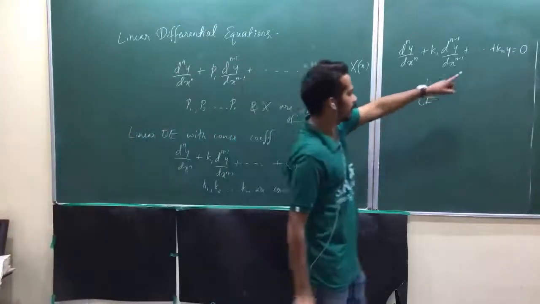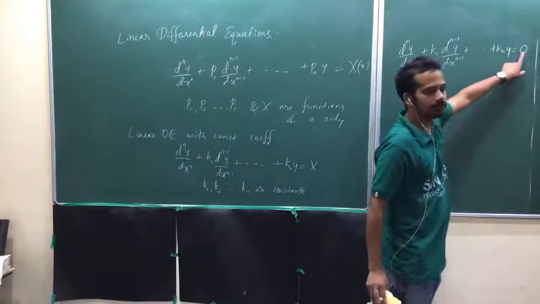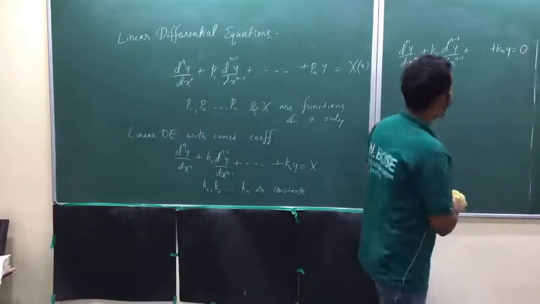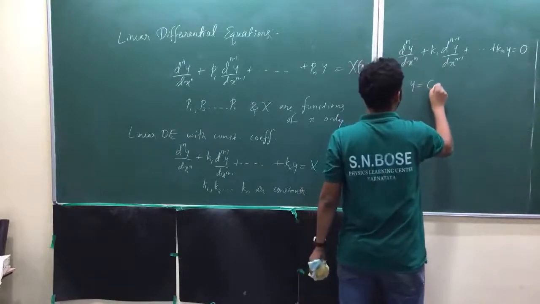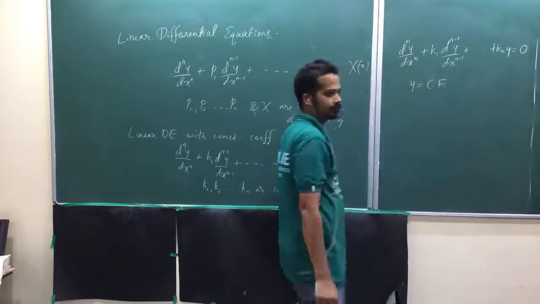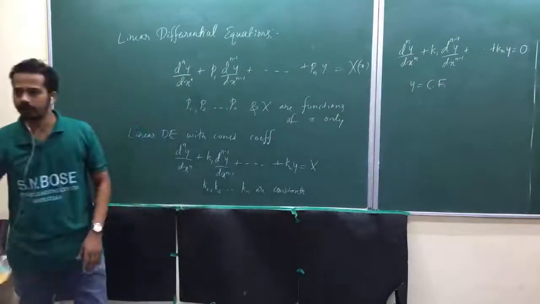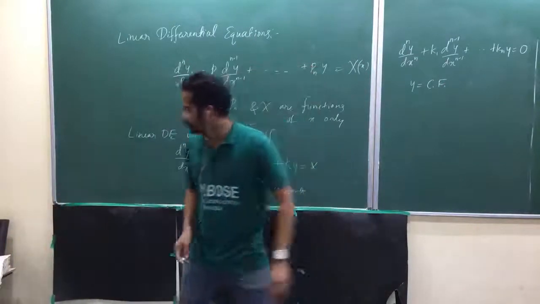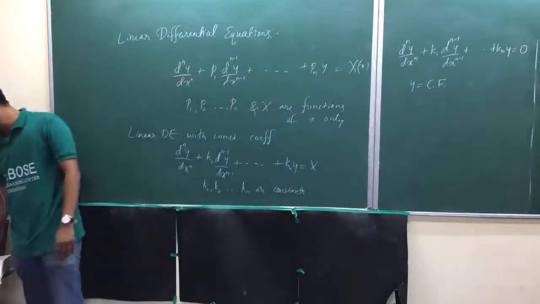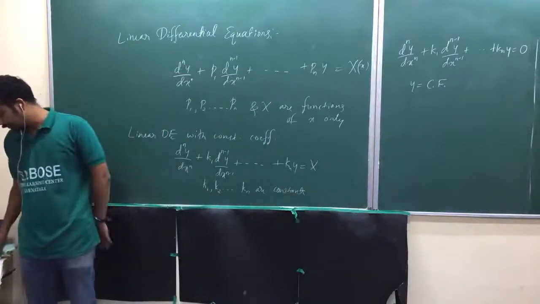That particular integral will exist only if this is non-zero. So if this is 0, your solution itself is the complementary function. Let me take that part later because it will not come very frequently in our quantum mechanics.